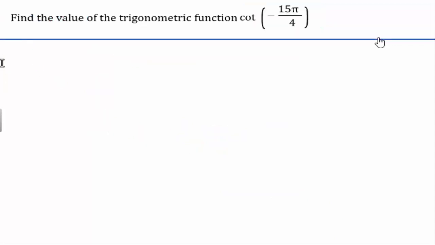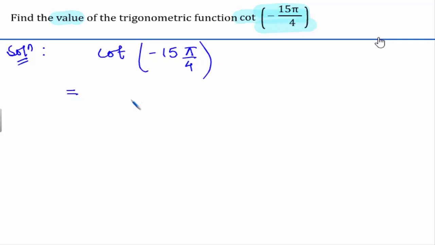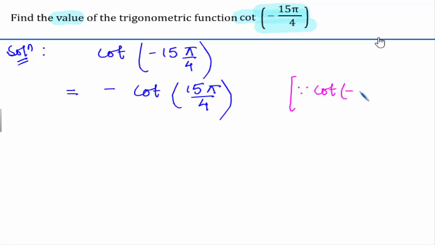In this question, we have to find the value of the trigonometric function cot minus 15 pi upon 4. So let's begin with the solution, and we have to find the value of cot minus 15 pi divided by 4. So this is equal to minus cot 15 pi by 4, since we know that cot of minus theta is equal to minus cot theta.